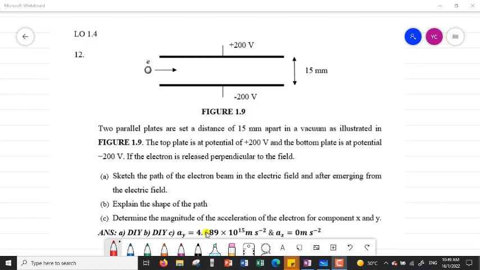So class, we understood that there is a potential difference between the top plate and the bottom plate. So in between the space of the two parallel plates, we are going to create a uniform electric field.